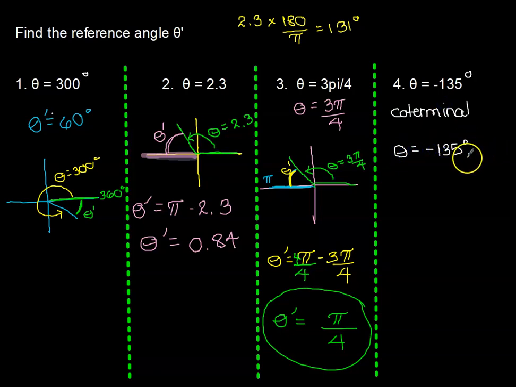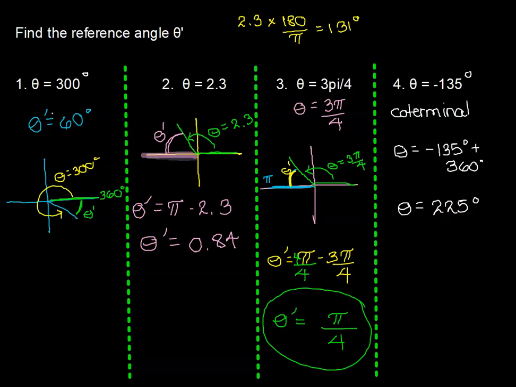To find out where that actually is, find its coterminal angle, meaning add 360 to it. If I take negative 135 degrees and add it to 360, I will get the angle 225 degrees. So negative 135 degrees is at the same initial and terminal place as 225 degrees.